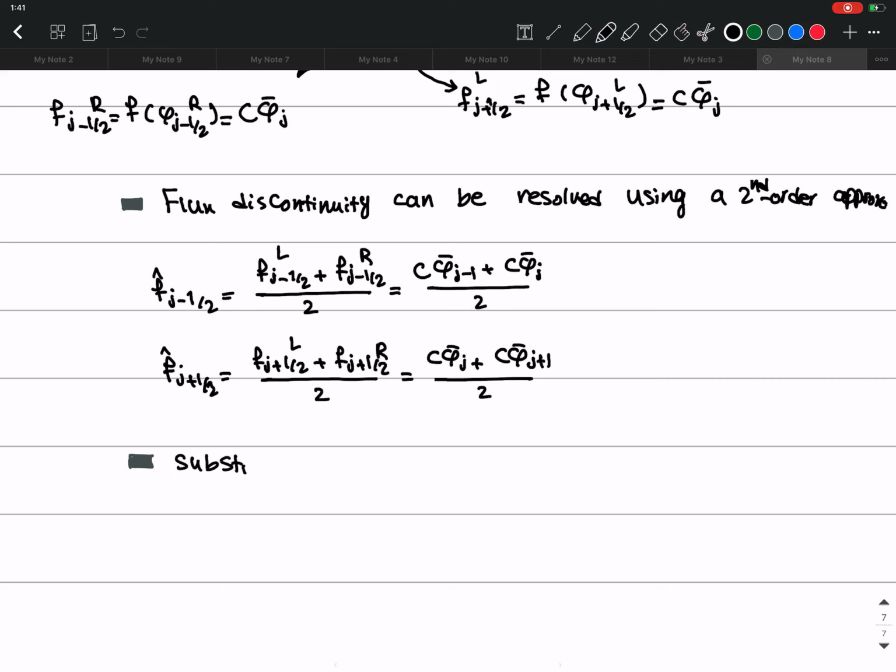So the next step is to substitute into the integral equation. So it's going to be delta x d phi bar j over dt.